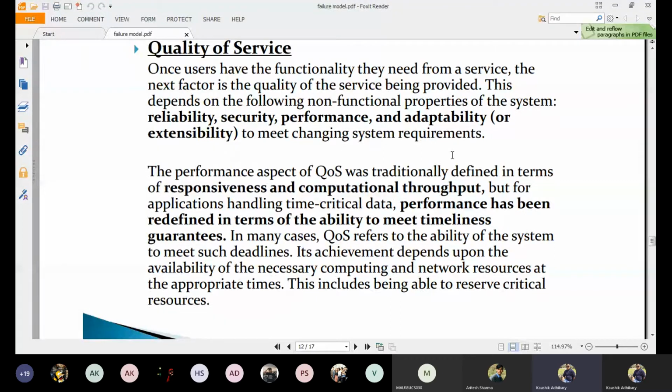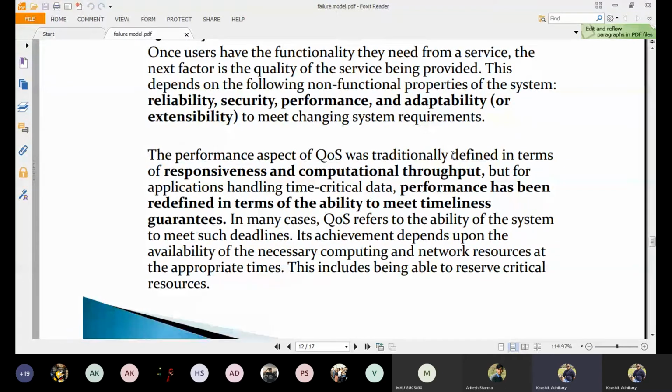Means in terms of real time. Real time means, for example, we are playing online games. We must get a fast response.